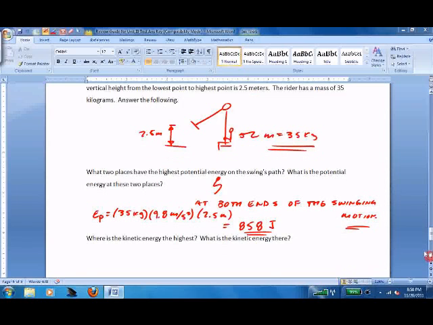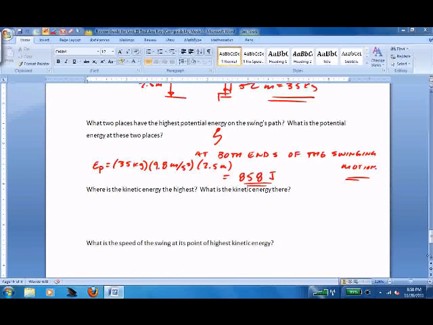So, where's the kinetic energy the highest? That would be at this point here. We'll call that the middle of the swing path.